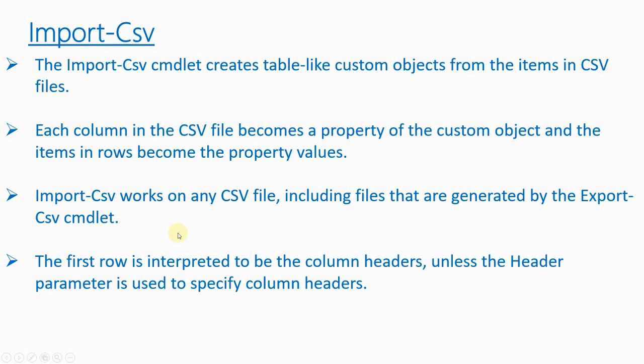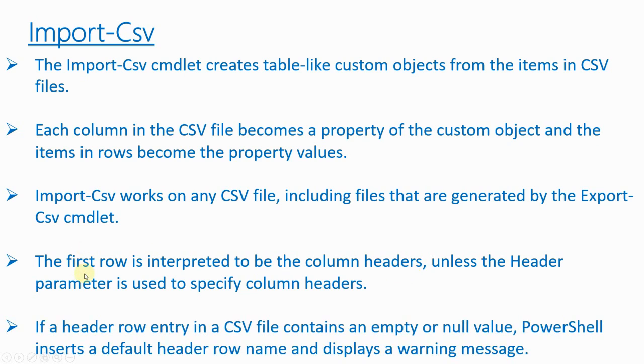And whatever the first row is in the CSV will be considered as the column header. Unless we specify that a particular row should be the header of the CSV, the first row will always be considered as the column header.